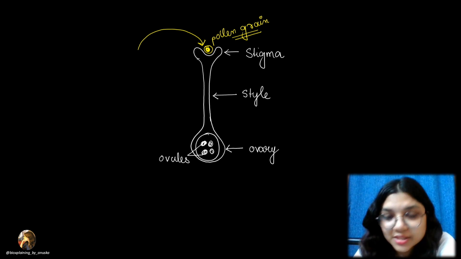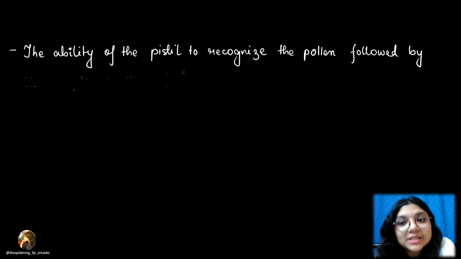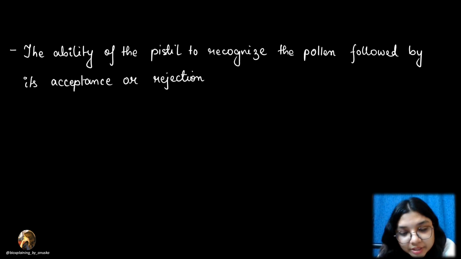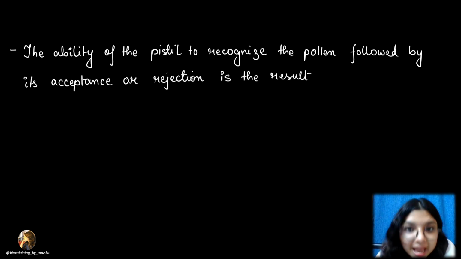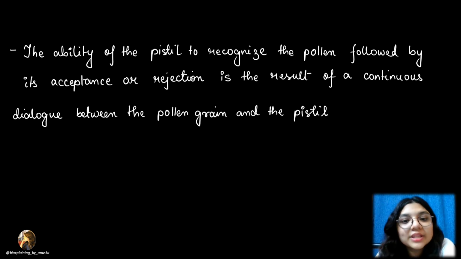So how does this happen? The thing is that the ability of the pistil to recognize the pollen is followed by its acceptance or rejection. And this is the result of a continuous dialogue between the pollen grain and the pistil, right?